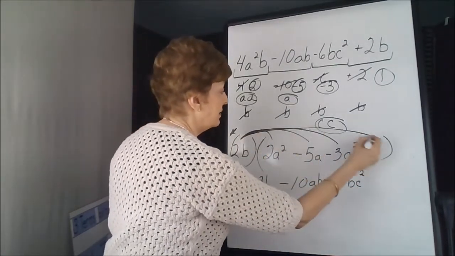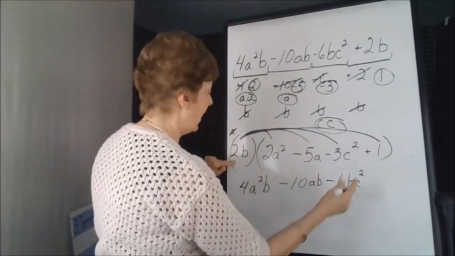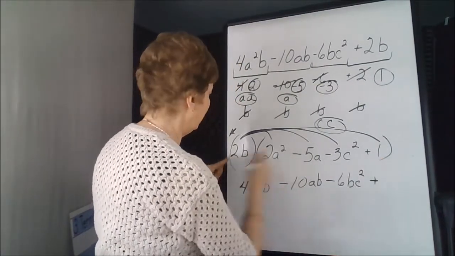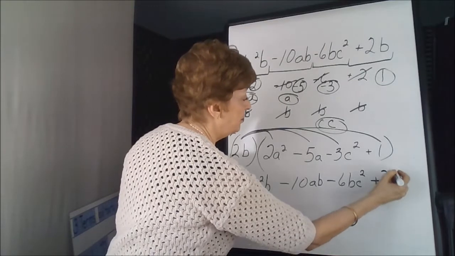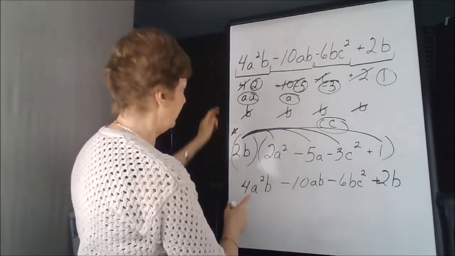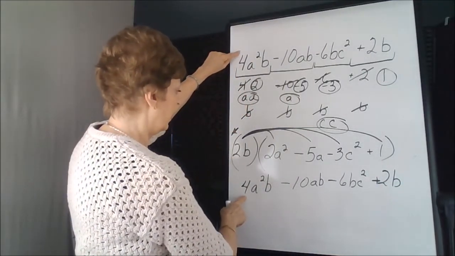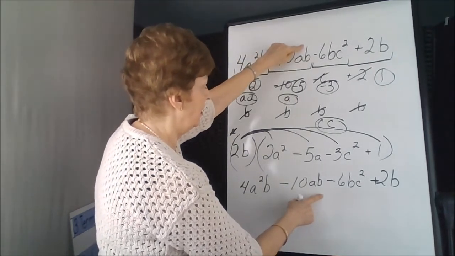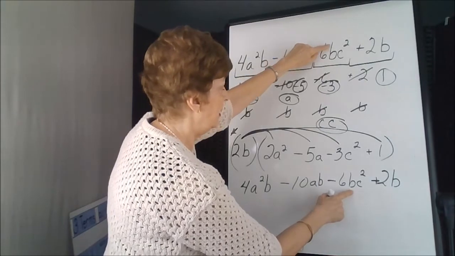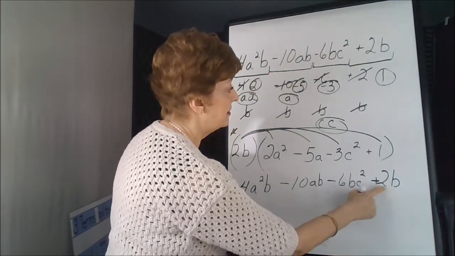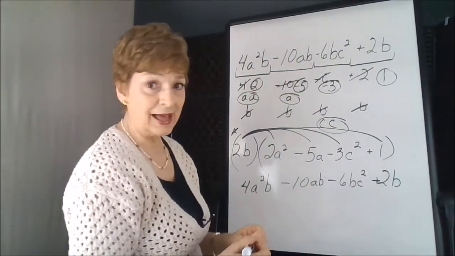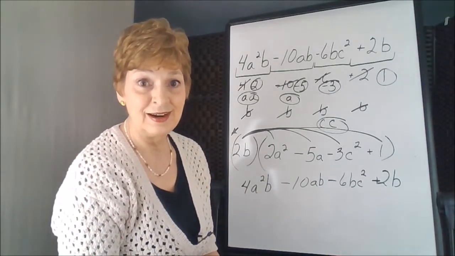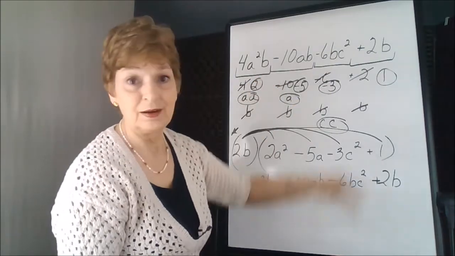And the last term is a positive times a positive. And anything times 1 is that number, so we have 2b. Let's see if it matches. 4a squared b minus 10ab minus 6b c squared plus 2b. And that's how you pull out the greatest common factor from a long polynomial.